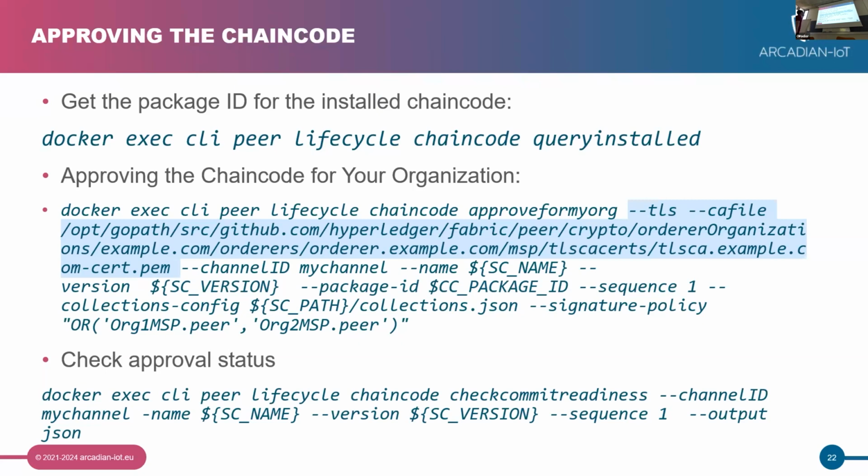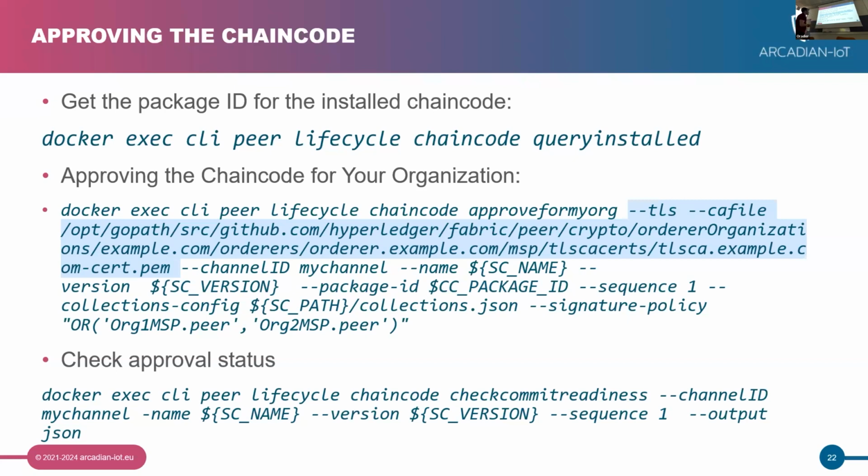You have to get the package ID, which is a unique identifier, with the following command. And that identifier will be stored in an environment variable. This is the result of that command over there.